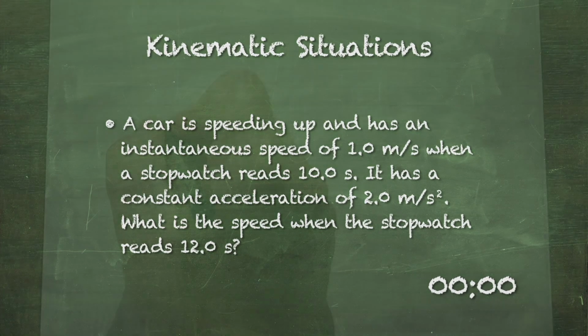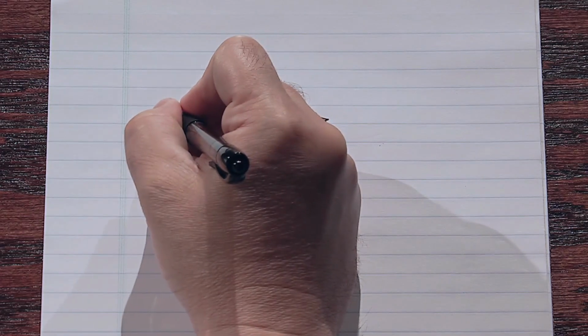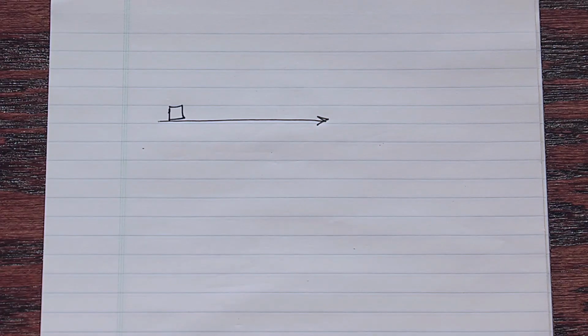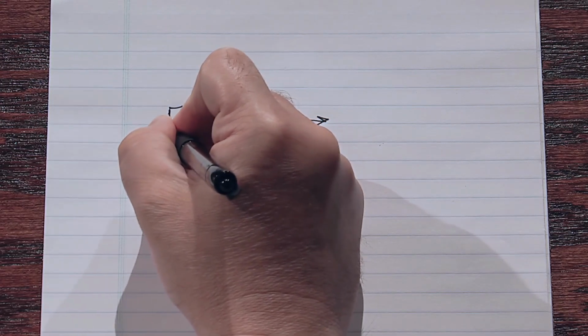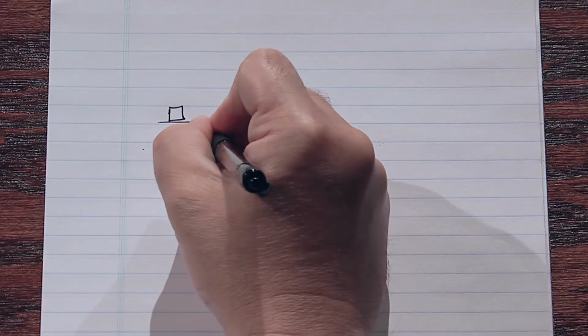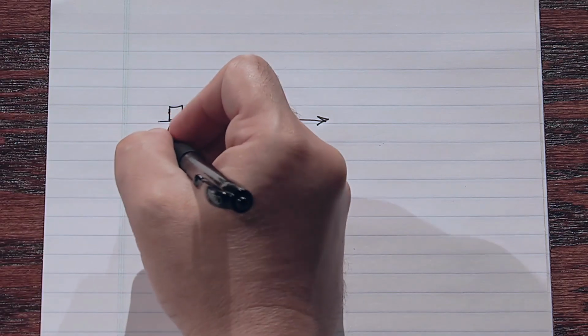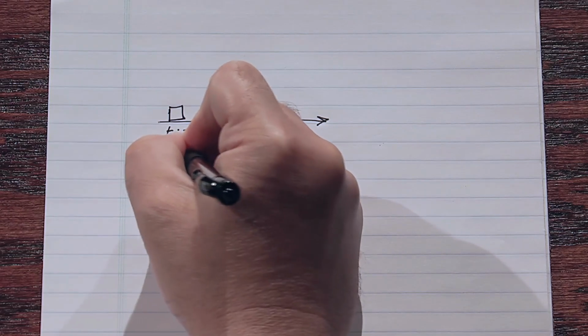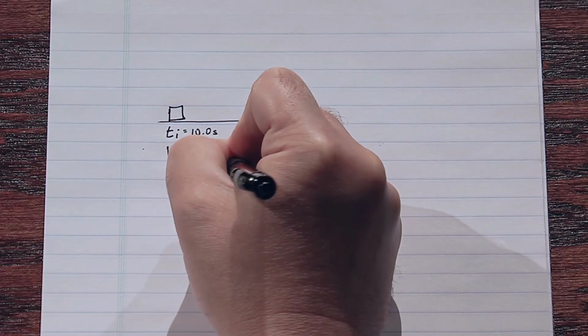Let's draw our diagram. We start off with a car. There's our car initially. We know that the initial time, which I'll write as t initial, is 10.0 seconds. And its initial velocity is 1.0 meters per second.